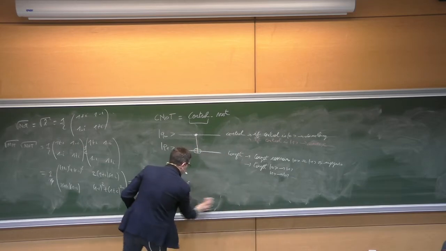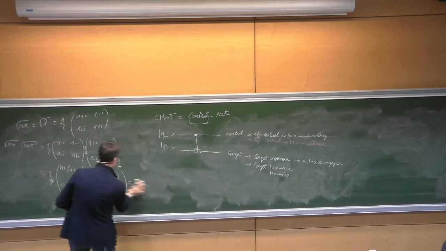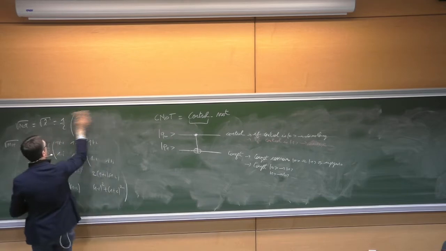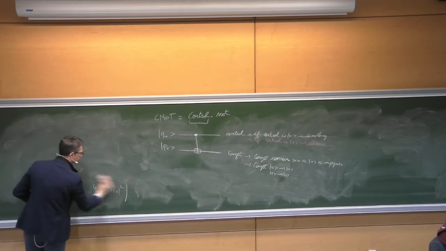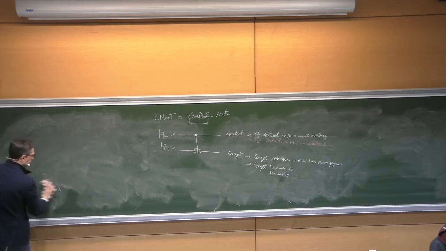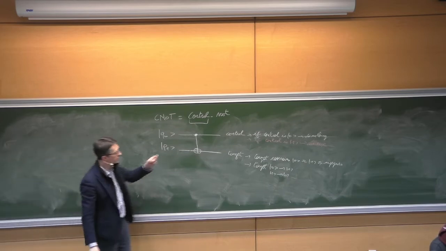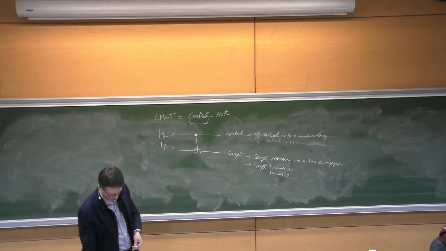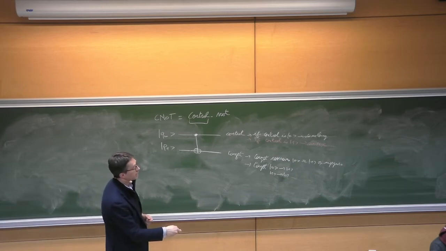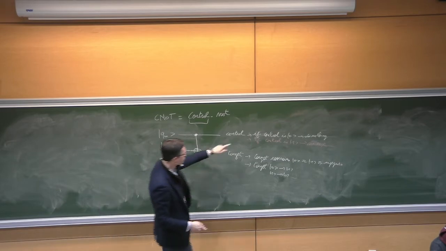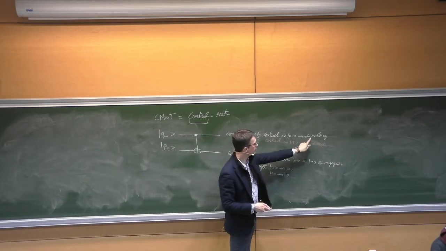Let's get rid of that. Okay, so the target is modified. You just flipped it. So if I want to treat that in a 4x4 matrix, that's what it looks like. We can see, this part here is the if 0, do nothing.